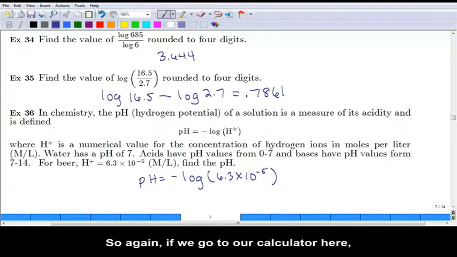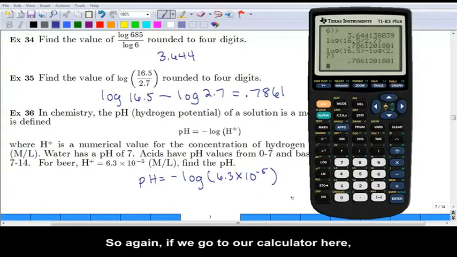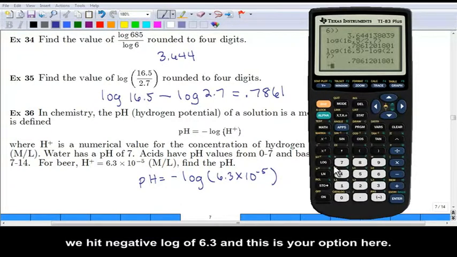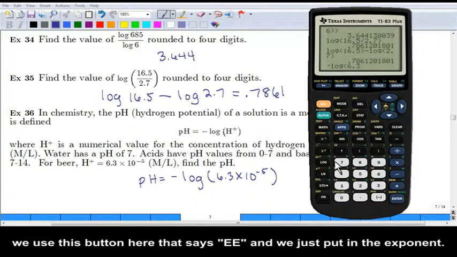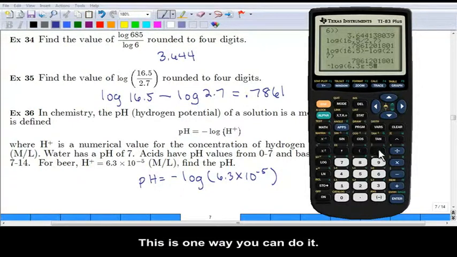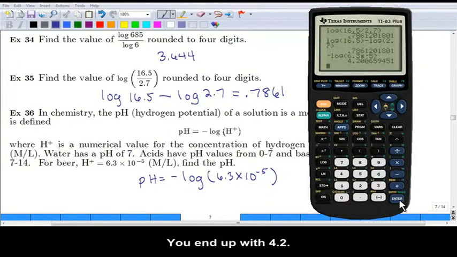So again, if we go to our calculator here, we hit negative log of 6.3, and this is your option here. Usually when we see times 10 to the, this is scientific notation, we use this button here that says EE, and we just put in the exponent. This is one way you can do it. You end up with 4.2.